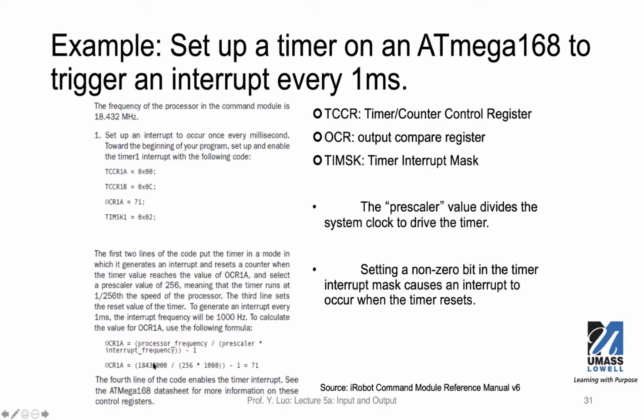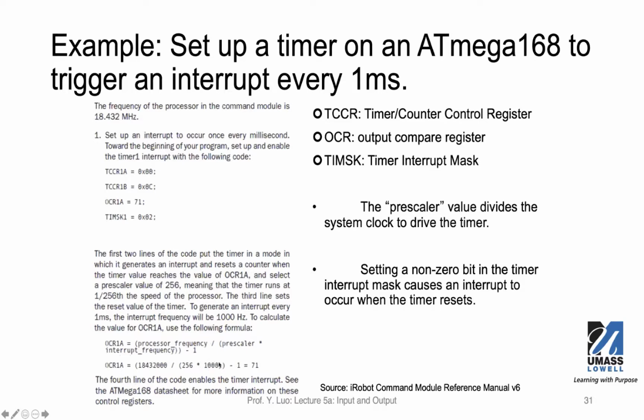We will use this formula: the processor's frequency divided by the prescaler value, times the interrupt period. So this is 256 times 1,000, because this 1,000 is in microseconds, since the first value is in megahertz.